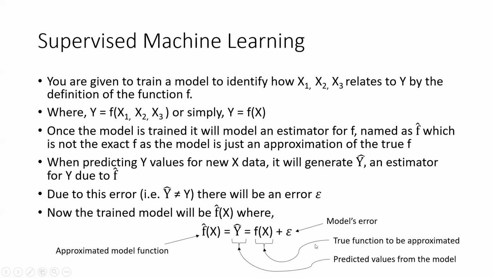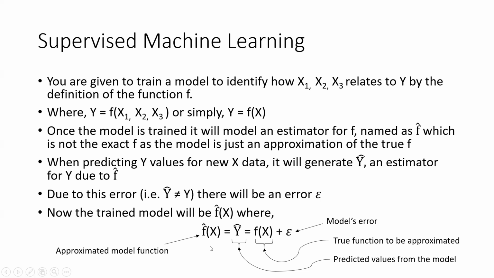Because f(x) is the exact y, and when the error is added, the estimated model function f hat(x) is given, which is also equal to y hat, or the estimated dependent variable, right?